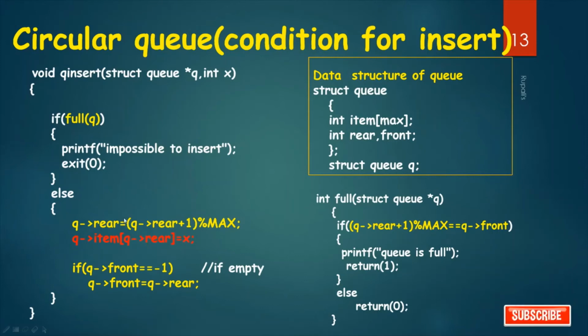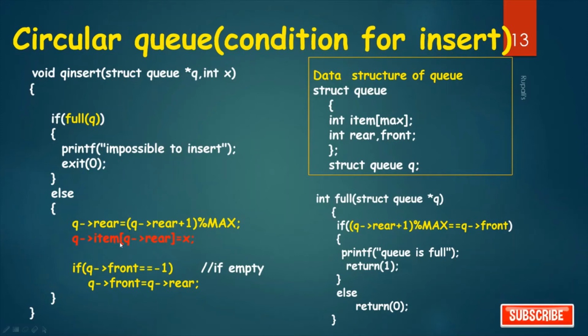All these variables rear, item, front are elements of the queue structure. To access these elements, you have to use the arrow operator, because we are passing the address of the queue structure. So see Q arrow rear in this way.